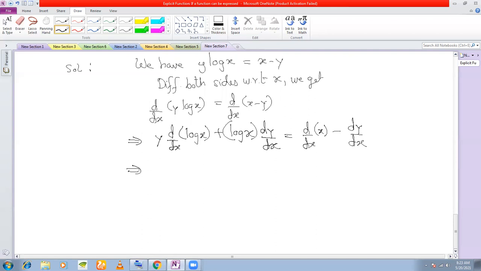That's it. So ddx of log x is how much? 1 by x. So get y by x plus log x you write as it is, dy dx. ddx x is 1 minus dy dx. Now you take all the dy dx together.